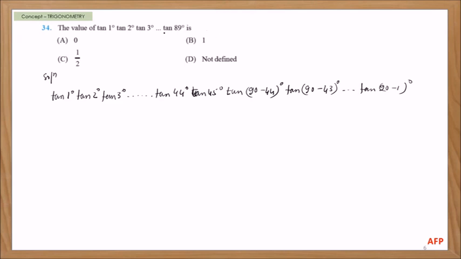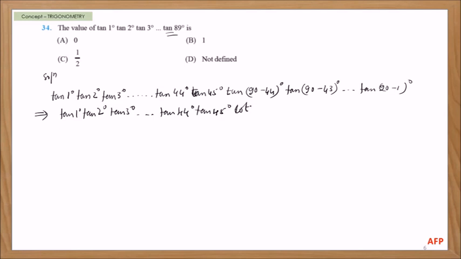So this implies tan 1 degree as it is, tan 2 degree as it is, tan 3 degree as it is, and so on up to tan 44 degrees as it is, and here we have tan 45 degrees as it is.